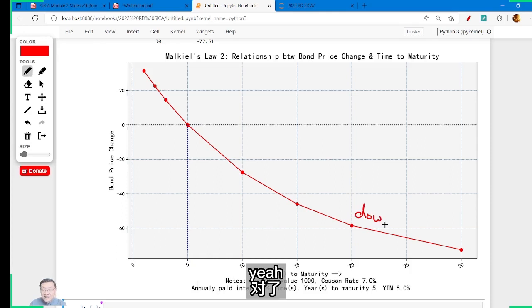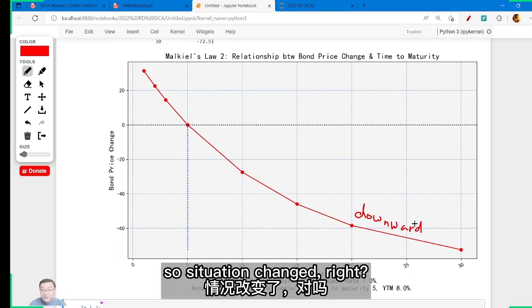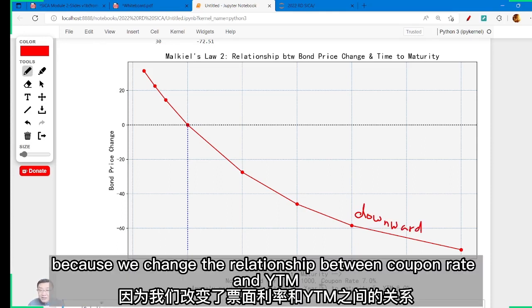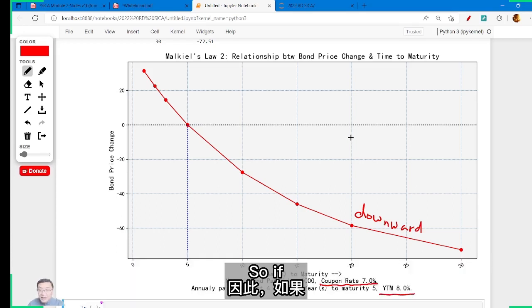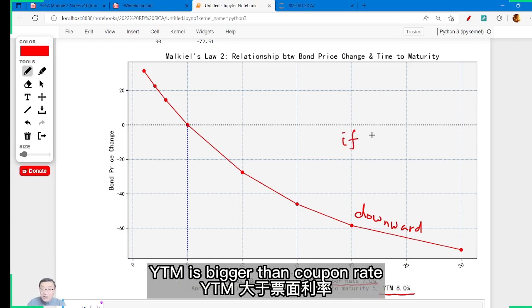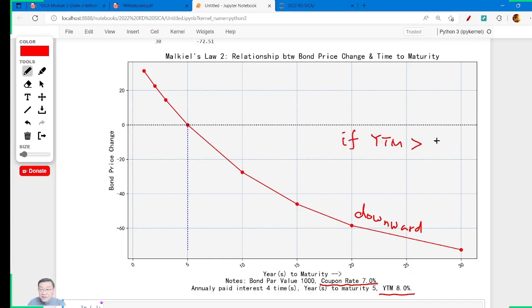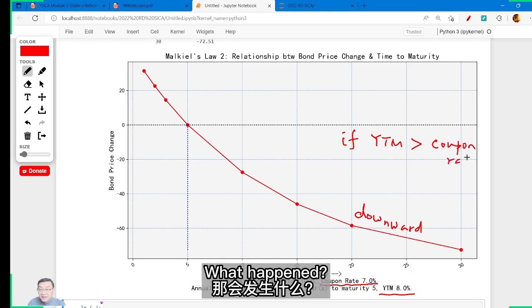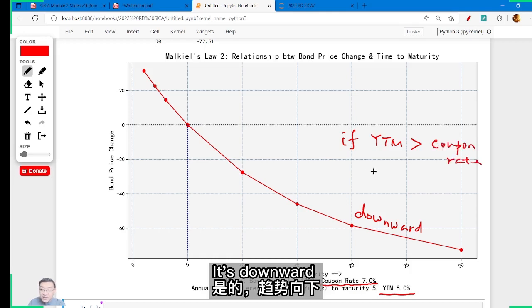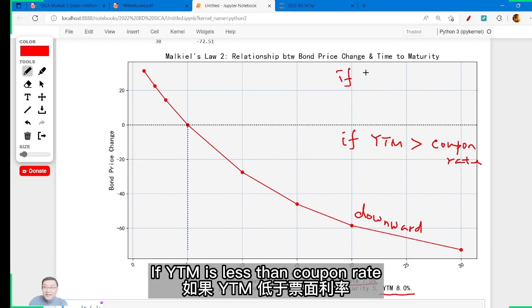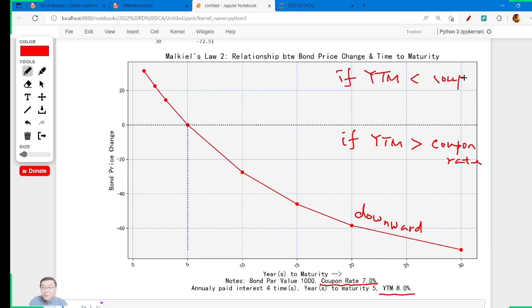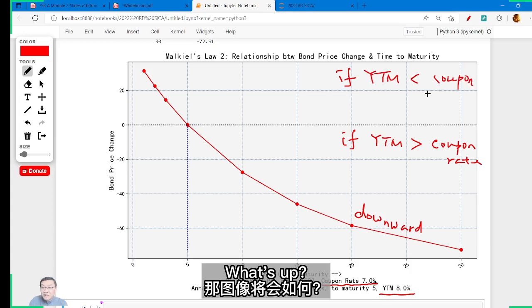So the situation changed, right? Because we changed the relationship between coupon rate and YTM. So if YTM is bigger than coupon rate, what happened? It's downward. If YTM is less than coupon rate, what happened? It's upward.